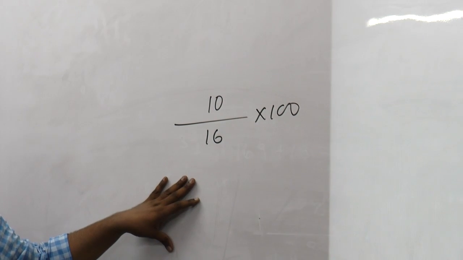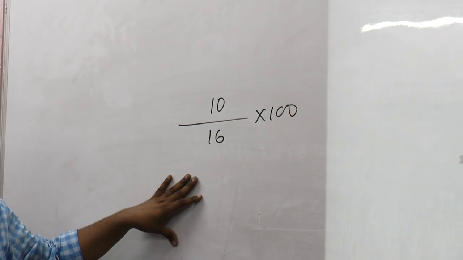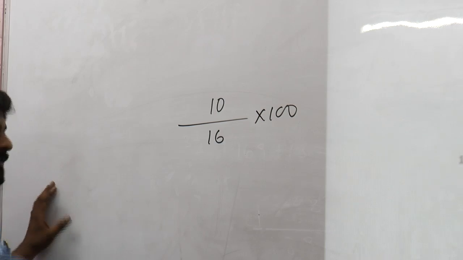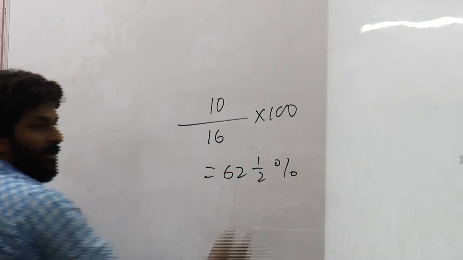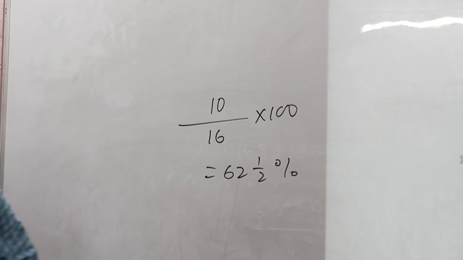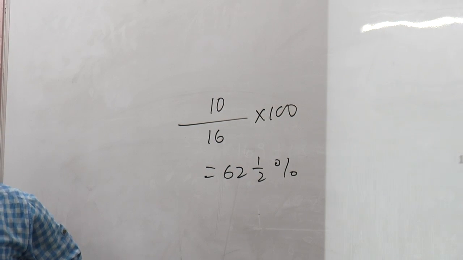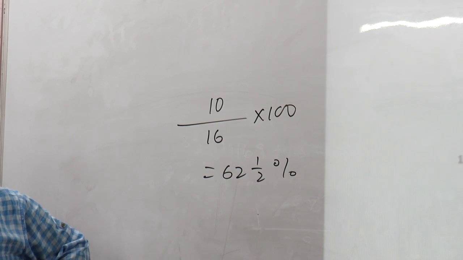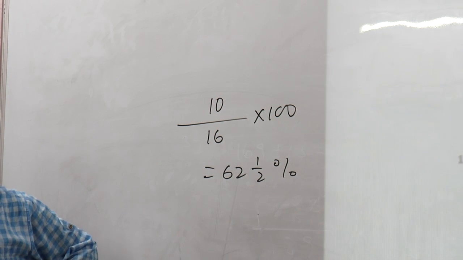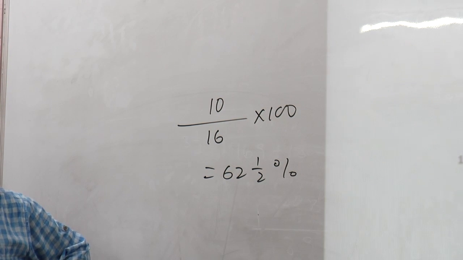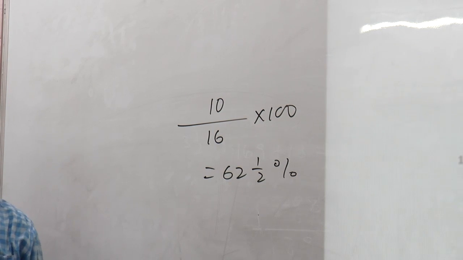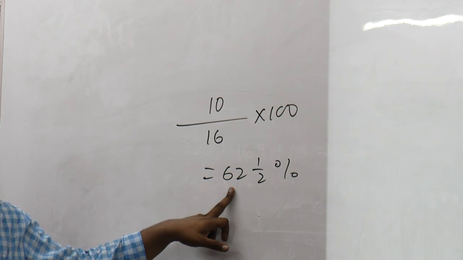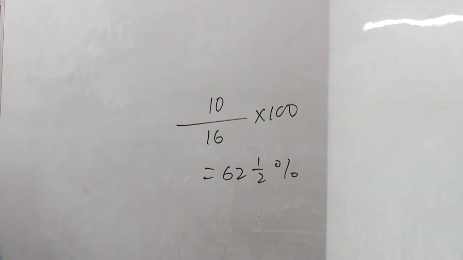What do you mean by 5 by 8? 5 by 8 is 62.5%. 1 by 8 is 12.5, 3 by 8 is 37.5, 5 by 8 is 62.5, 7 by 8 is 87.5%. You just need to add 25 every time. Add 25 to this number, 87.5. Okay? Next.